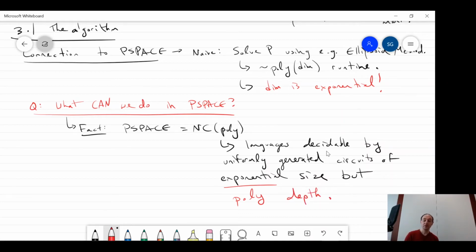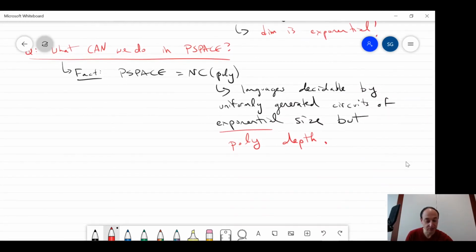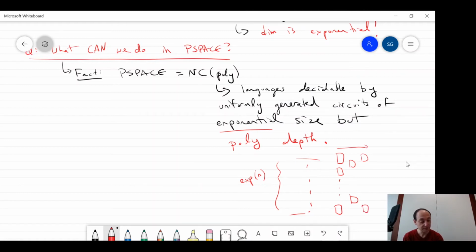What that essentially means is that my circuit C is a bunch of gates. The number of input wires is exponential in the input size, say little n. So this thing really takes in a ton of wires. But then the number of layers of the circuit is going to be poly n.